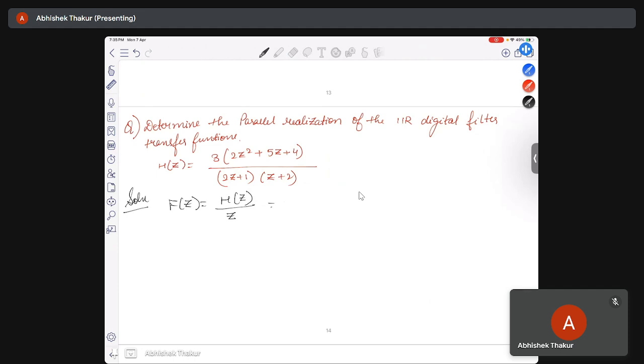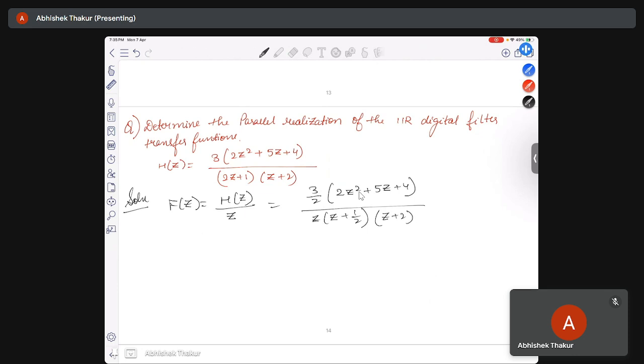So this will become 3/2 (2z² + 5z + 4) divided by z(z + 1/2)(z + 2), simply.